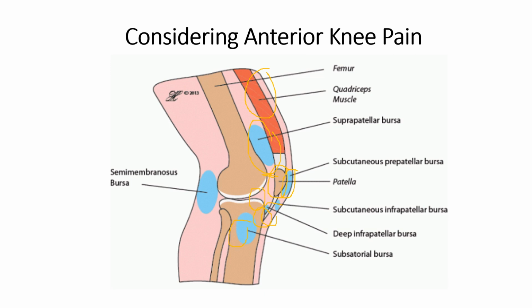These bursa are all fluid-filled sacs, and they help the muscles and the joint move smoothly over other structures, but they also can get inflamed and cause localized swelling and pain in the anterior part of the knee. And that's what's going on in this case. This electrician, his prepatellar bursa has become inflamed, so it's very difficult to kneel directly onto his knee.